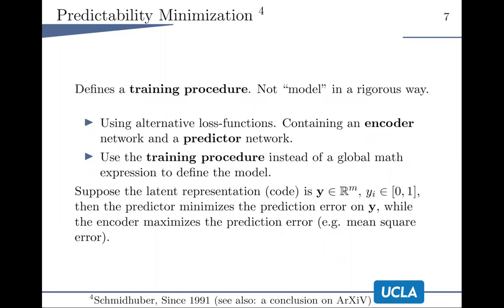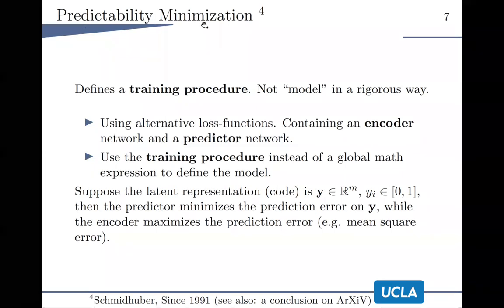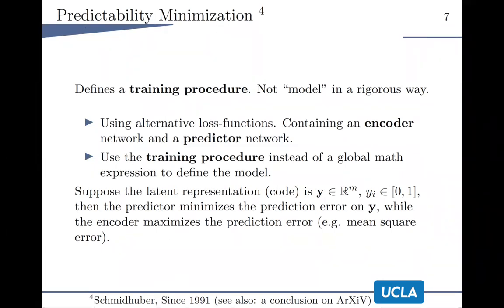And another work that we mention is predictability minimization. This one is a series of work done by, sorry, I am not good at pronouncing his name, Schmidhuber, since 1991. And there's a lot of work published since then. And also there's a conclusion on arXiv.